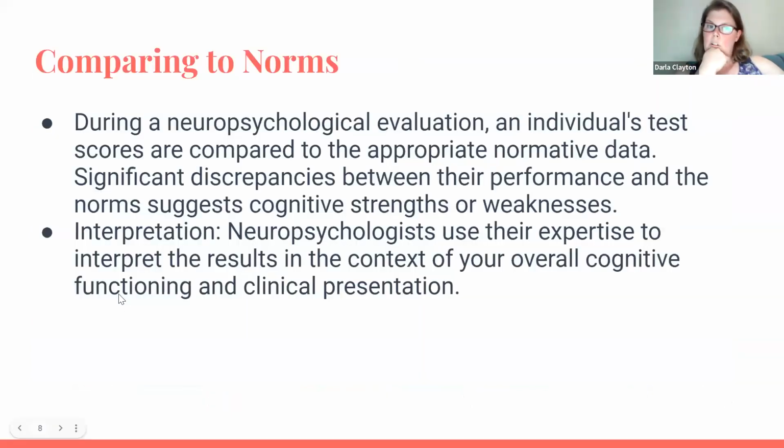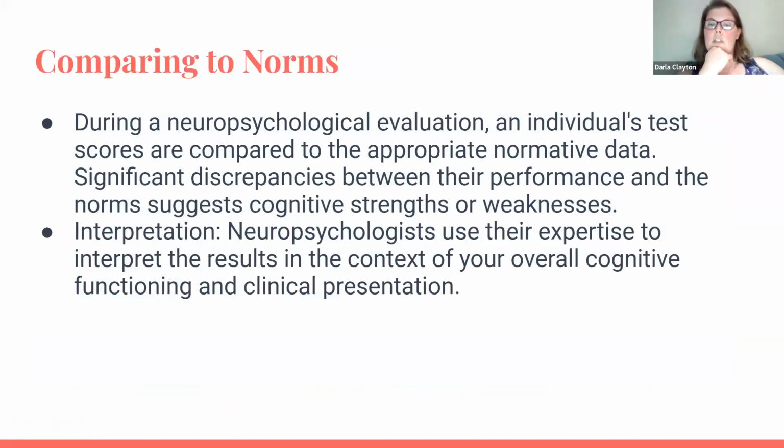So during a neuropsychological evaluation, a person's test scores are compared to the appropriate normative data. And then they look to see if there's a significant discrepancy between your performance and the norms, which could suggest a cognitive strength or weakness. And that's part of the interpretation.